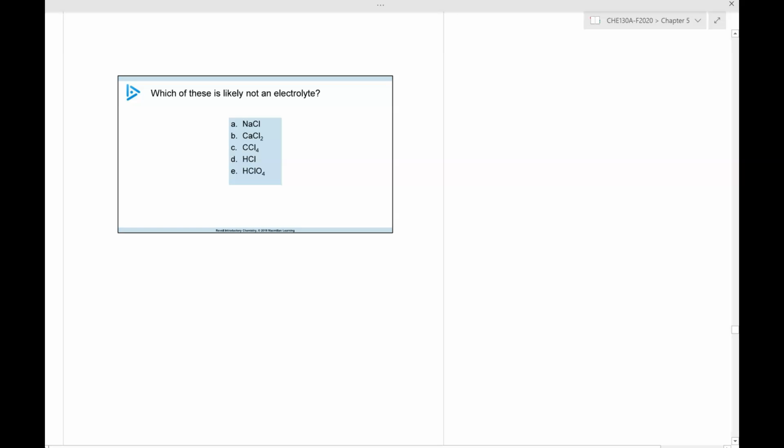It's a covalent nonmetal compound, and it's not an acid. So HCl, even though that's a nonmetal compound, it's an acid, so it dissolves in water. HClO4 is all nonmetals again, but it's an acid. It dissolves in water. So our non-electrolyte is carbon tetrachloride here.